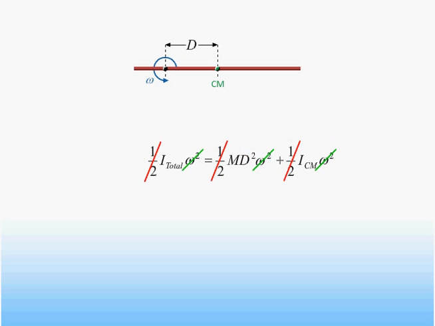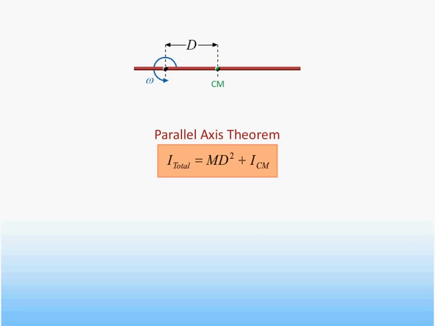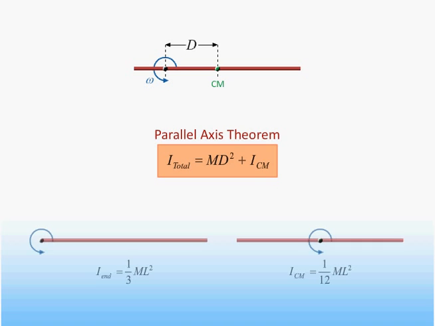We can cancel a factor of 1/2 omega squared from each term in the kinetic energy equation to determine that the total moment of inertia about the chosen axis is just the moment of inertia about a parallel axis passing through the center of mass plus the moment of inertia of the center of mass treated as a point particle about the chosen axis. This result is known as the parallel axis theorem, and it will prove to be very useful in the next few lectures. You can verify that this parallel axis theorem predicts the relationship we obtained last time for the two moments of inertia for a thin rod.